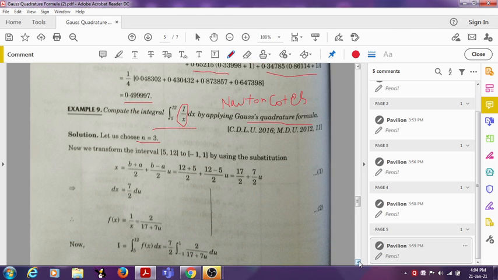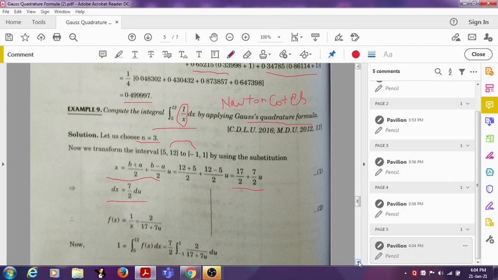In the starting, we convert this closed interval to the closed interval minus 1 to 1, and this can be done by using the substitution that will be the same for all the questions. Now substitute the values of a and b in this equation. We find that x is equal to 17/2 plus 7/2 into u. That is, we have converted x in terms of u. Now again differentiating equation 1, we find the value of dx.